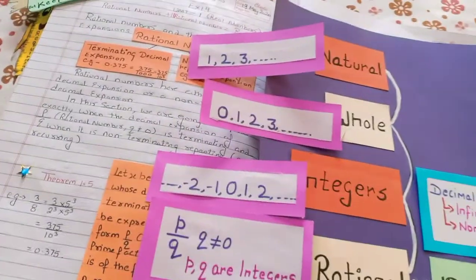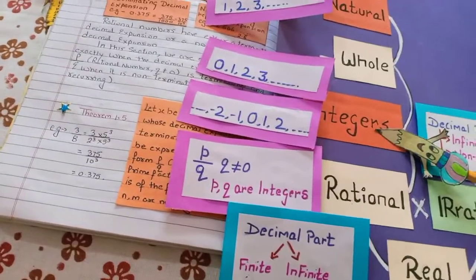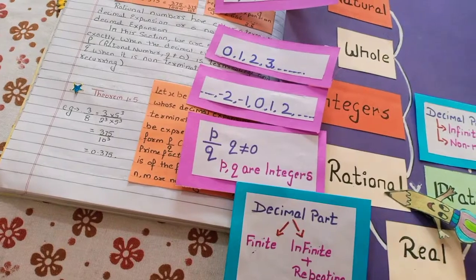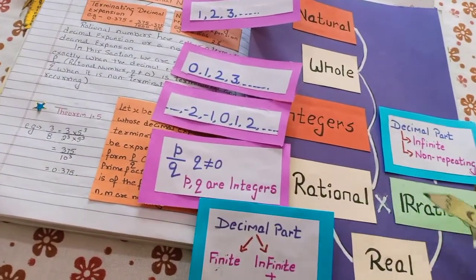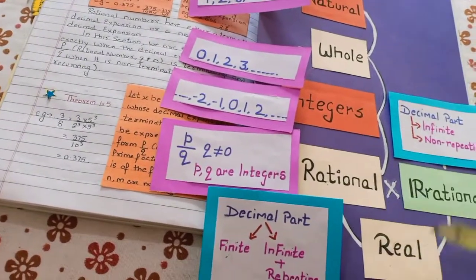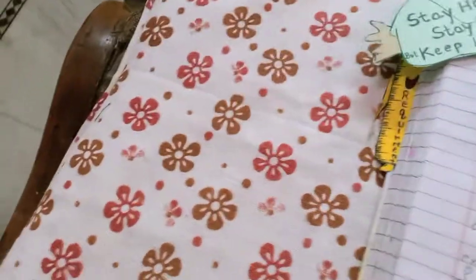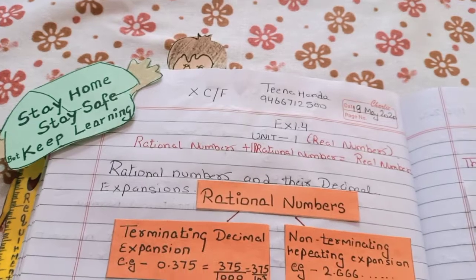Every natural number is a whole number, every whole number is an integer, and every integer is a rational number. Rational and irrational numbers are totally different, but they both make a real number, which is our today's topic. Rational number plus irrational number is equal to real number.